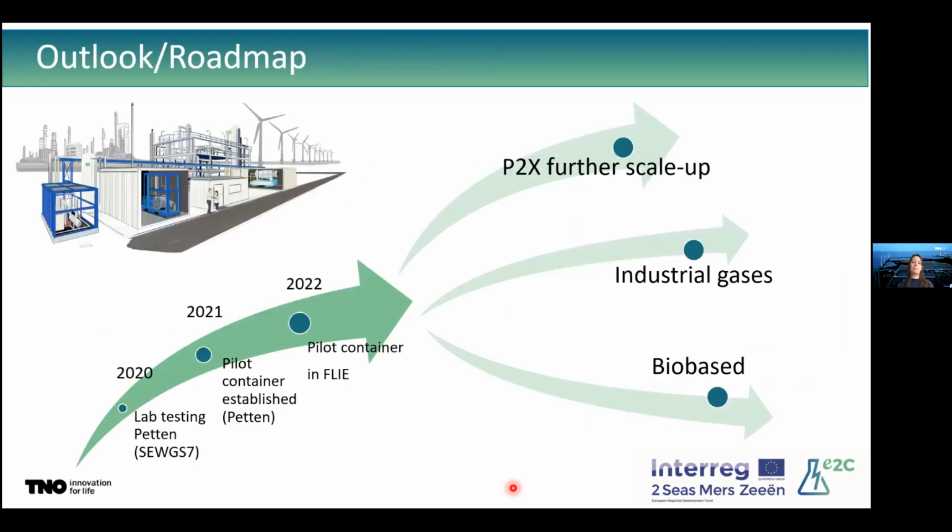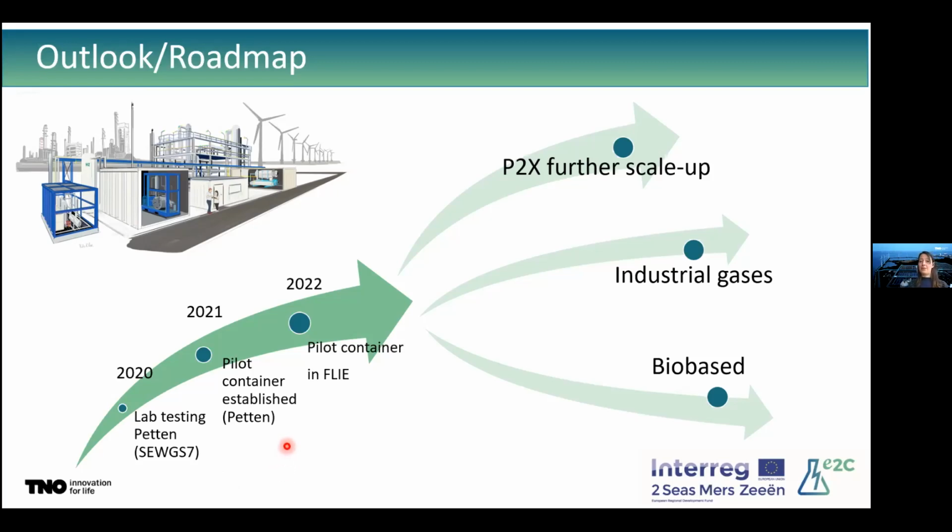Yeah, then a little bit about the follow-up of the E2C project and how we will continue with the scale-up. So we did the lab testing at the multi-column system here in Petten last year. The planning is that over the summer, the pilot will be built up here in Petten.